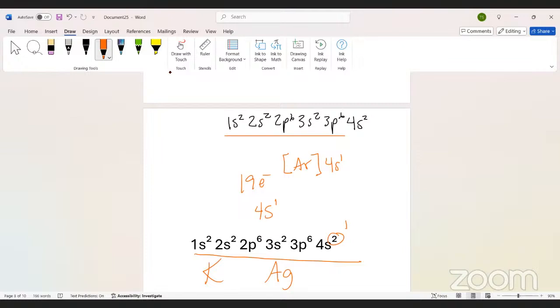Let me see if I can find it. Yeah. So silver is in the fifth period. Wait, okay, it was in your notes. Was it on this part right here, Monique, or was it on the purple notes? Which ones was it?